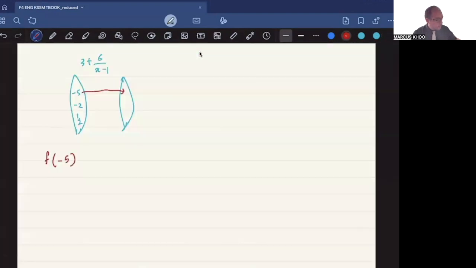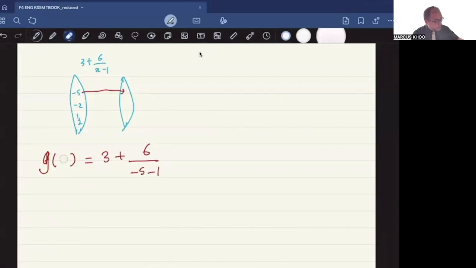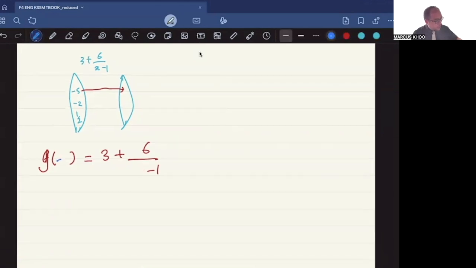Oh, sorry, it's g. g(-5) equals 3 plus 6 over -5 minus 1. Let me change this to a different color so it's easier for you to see. g(-5), and then the -5 over here. Notice that the red color, the function, still remains. What I'm doing is just replacing the object into the function. Then what we calculate is this.